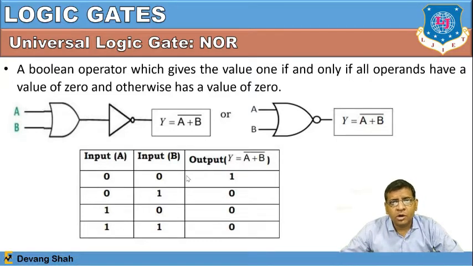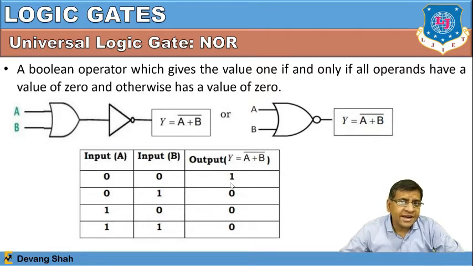So 0 plus 0, the answer is 0. Zero's complement, the answer is 1. You can see this is exactly a complement of the OR truth table. If your input is 0 and 1, 0 plus 1 output is 1, and 1's complement output is 0. So for the NOR gate, 0 1 output is 0, 1 0 output is 0, 1 and 1 output is 0.